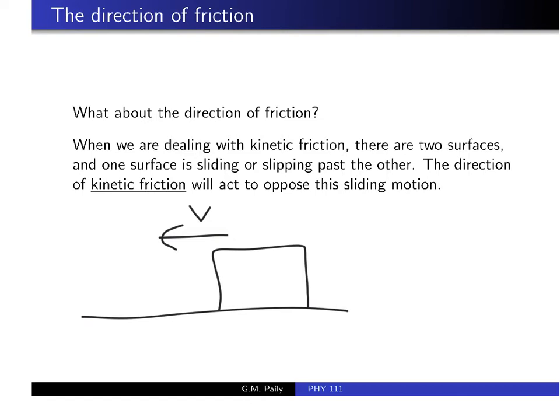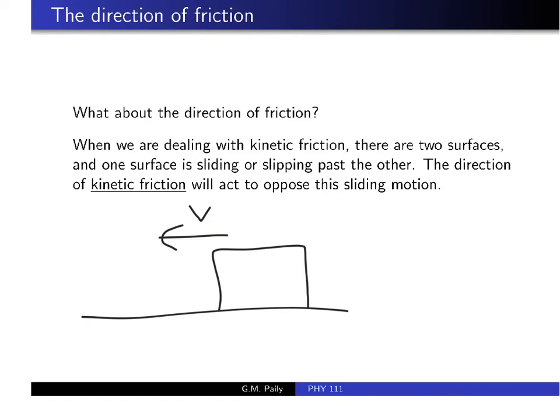Now, why did I say forces? Like everything else, friction is generated in action-reaction pairs. So, the force of the table on the box will be this way in opposition to the motion of the box. However, the box will also exert a frictional force on the table, and that would be in the opposite direction.